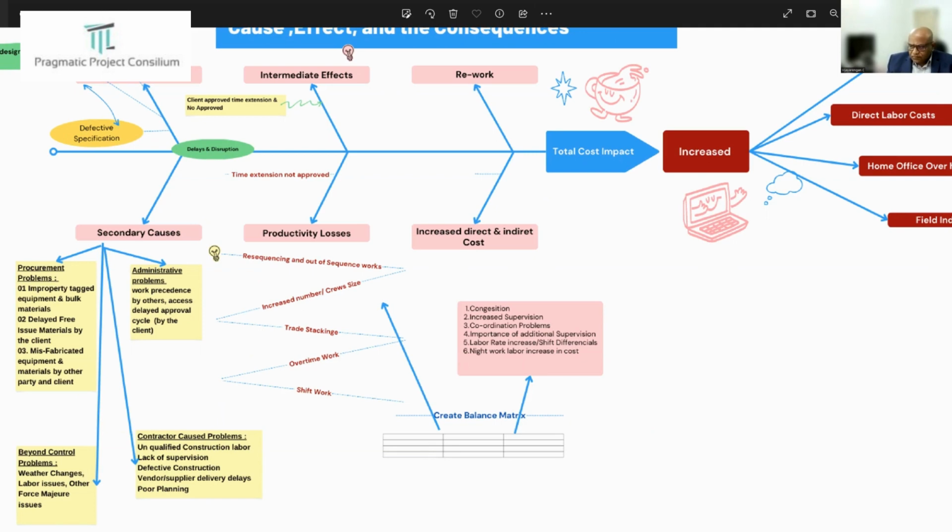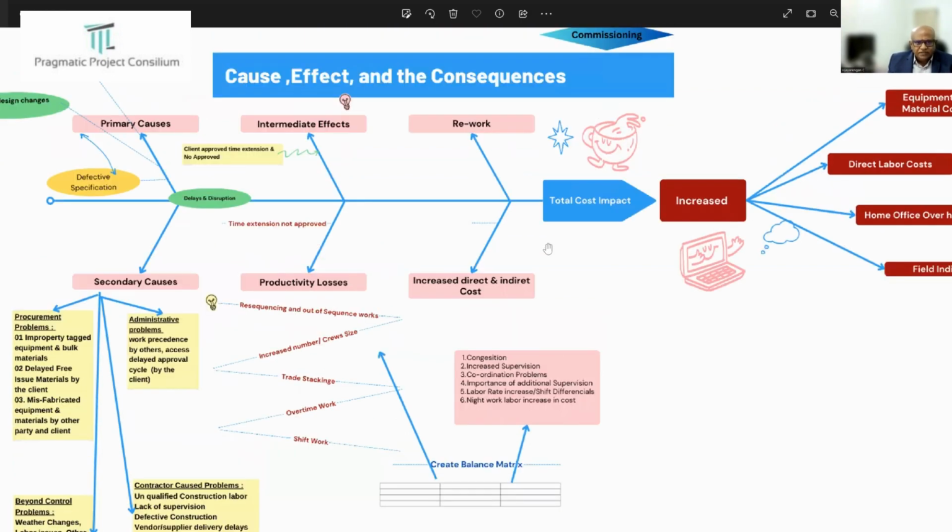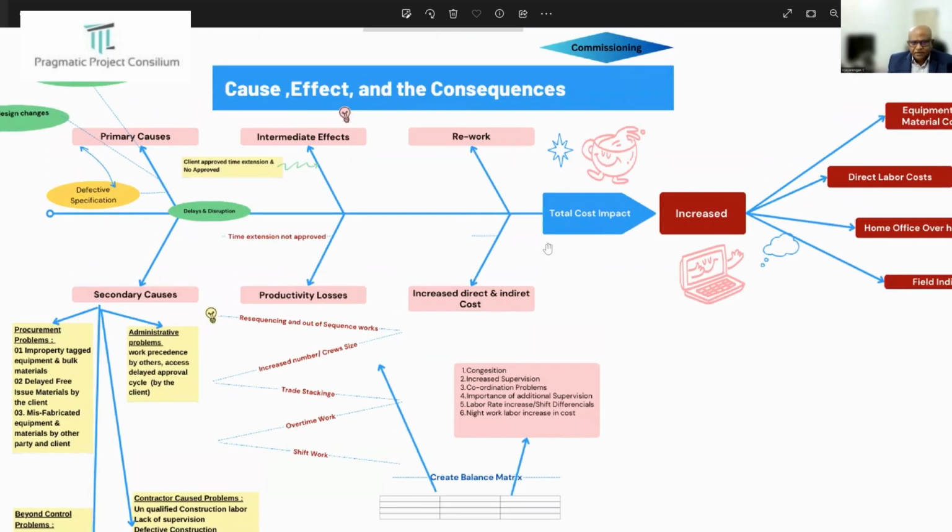Now, as shown in the figure, multiple duplicative effects are showcased here. There is an intermediate effect, mainly productivity losses. Productivity losses mean re-sequencing out-of-sequence works, and therefore there is a production loss.